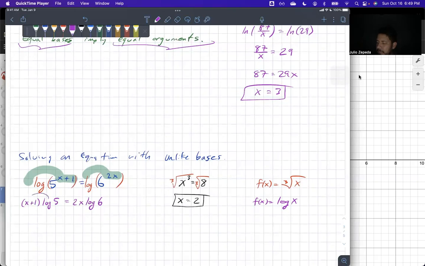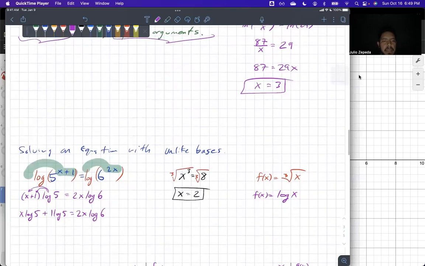And now I can distribute this log of 5 into those parentheses there. x log 5 plus 1 log 5 equals 2x log 6. With this kind of equation, we want to move all the terms that have an x onto one side of the equation.